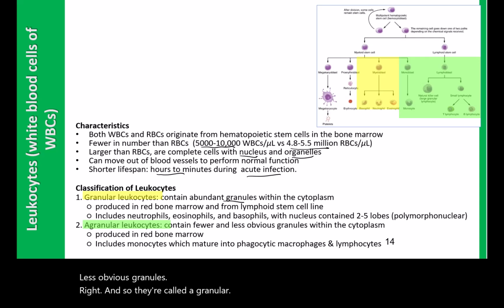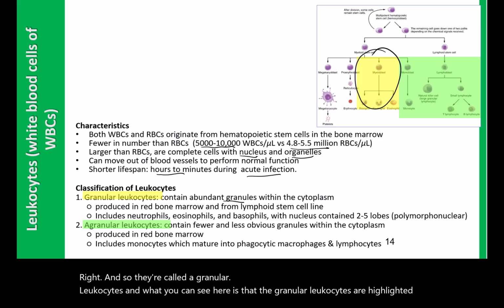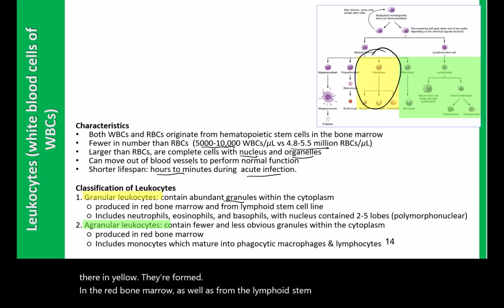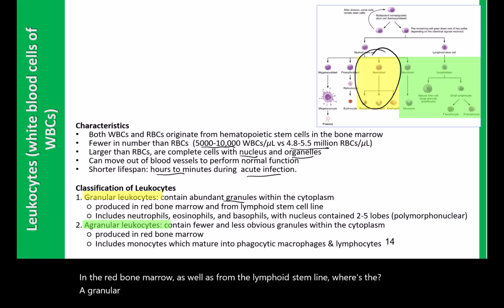leukocytes. And what you can see here is that the granular leukocytes are highlighted there in yellow. They're formed in the red bone marrow as well as from the lymphoid stem line, whereas the agranular leukocytes include the monocytes as well as natural killer cells and lymphocytes.